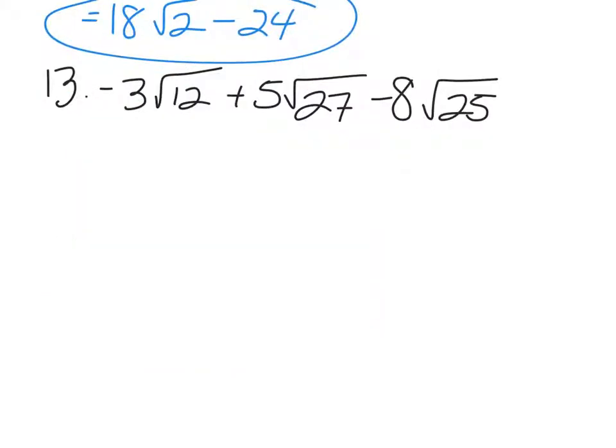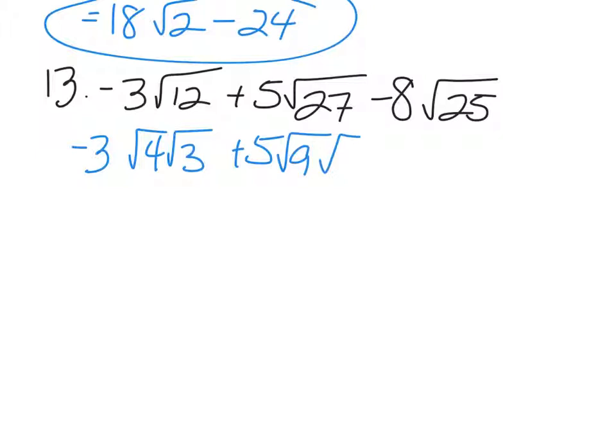Okay, 12, I'm going to rewrite as 4 times 3. 5, I'm going to rewrite as 9 times 3. And 25 is a perfect square, so I'm happy with that one. Wow, if I can copy it down, it'd be great. Okay, square root of 4 is 2.